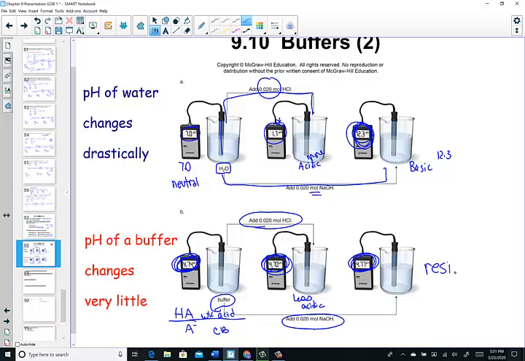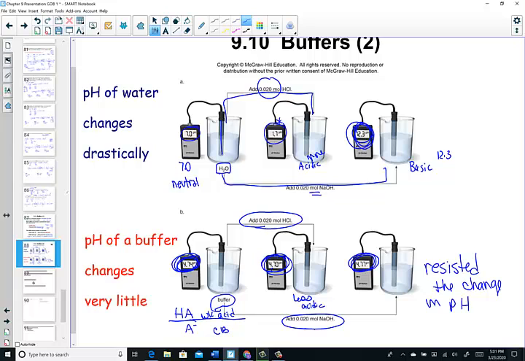So it resisted a change of pH. When a strong acid or base was added, it changed just a little bit. Buffers help solutions resist changes to pH even when you pour in strong acid or strong base.